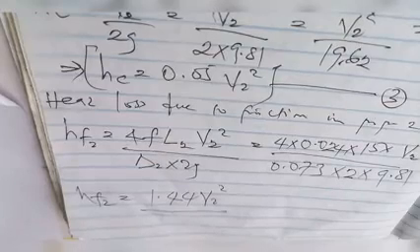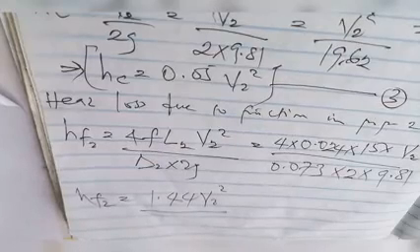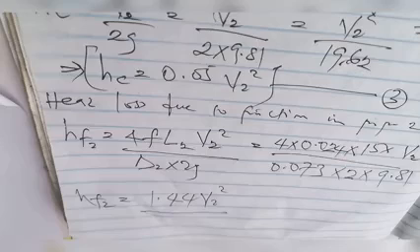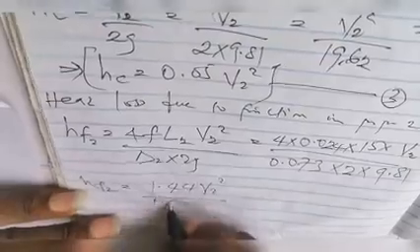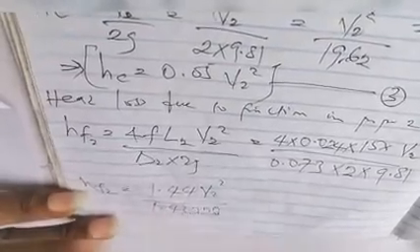We have 0.073 multiplied by 2 multiplied by 9.81, which gives us 1.43226.